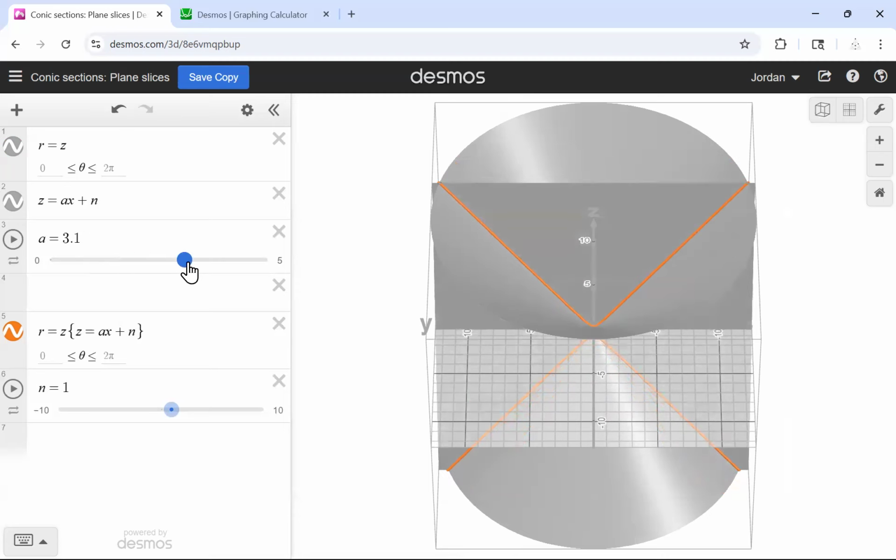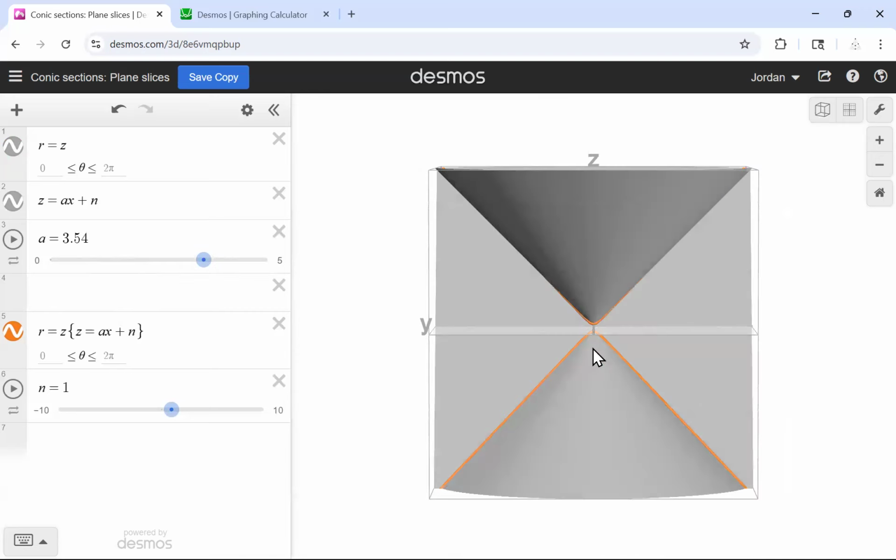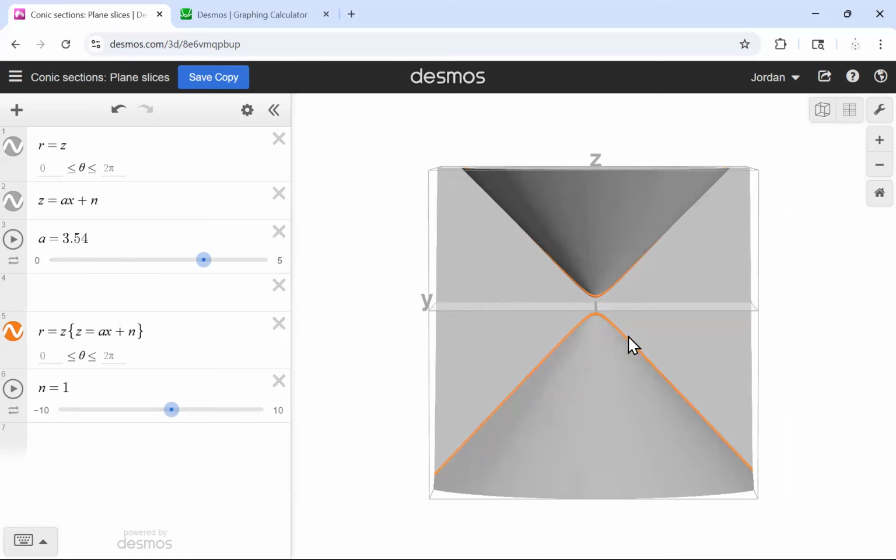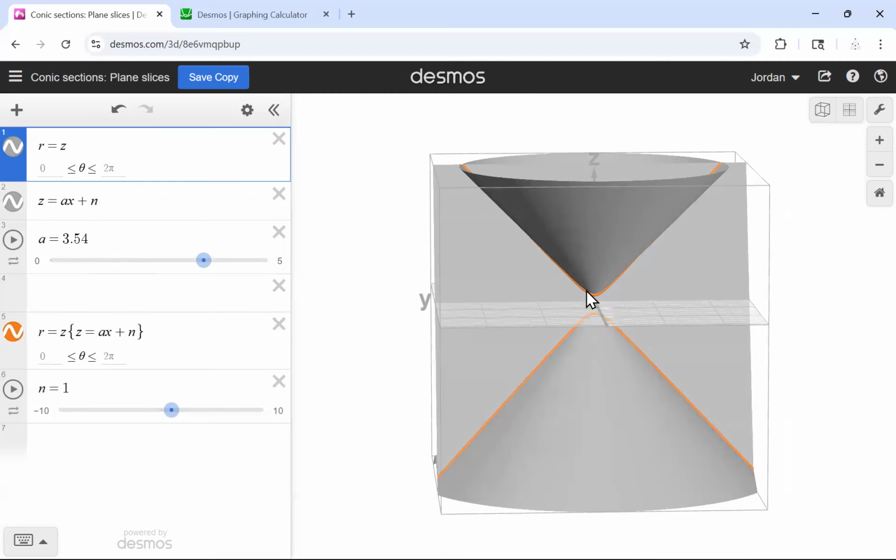Now notice as the A starts growing, what's happening with this hyperbola. As the A grows, we get sharper and sharper corners. As we get closer and closer to 1, that corner is less sharp.